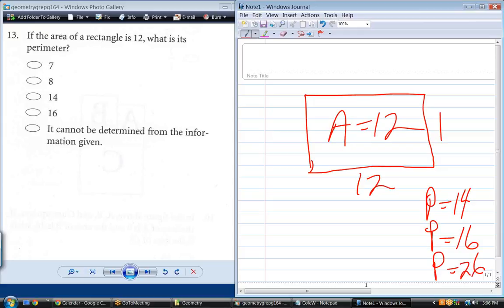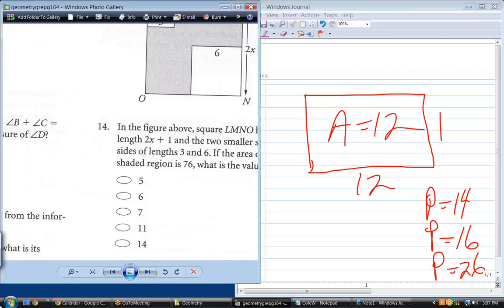So as long as you can come up with 2 different perimeters that have the same area, then that has to be the answer. It cannot be determined from the information given. You certainly could say it could either be 14 or 16, but it could also be other stuff. But the moment you say it could be 14 or 16, you know this is the answer.